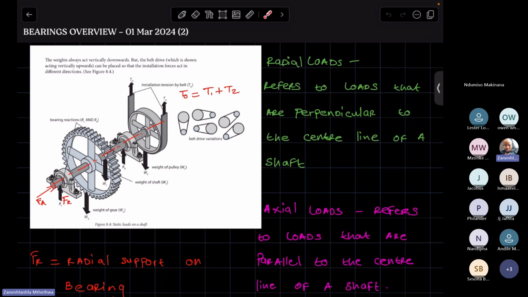Now, the static load of a belt drive system is known as installation tension, and installation tension is denoted as T0, which is equal to T1 plus T2. For this section on bearings, anything that has to do with a belt drive, we will assume that it is not transmitting torque.